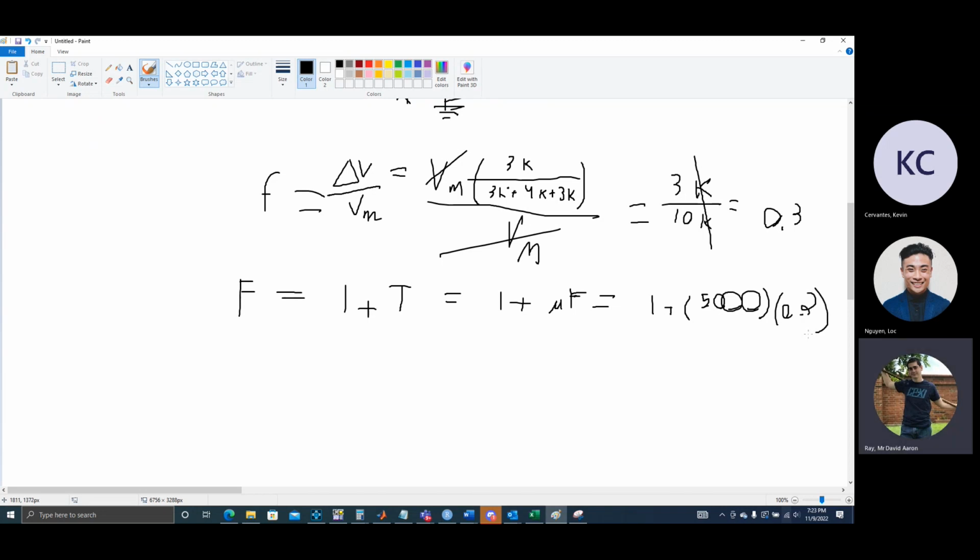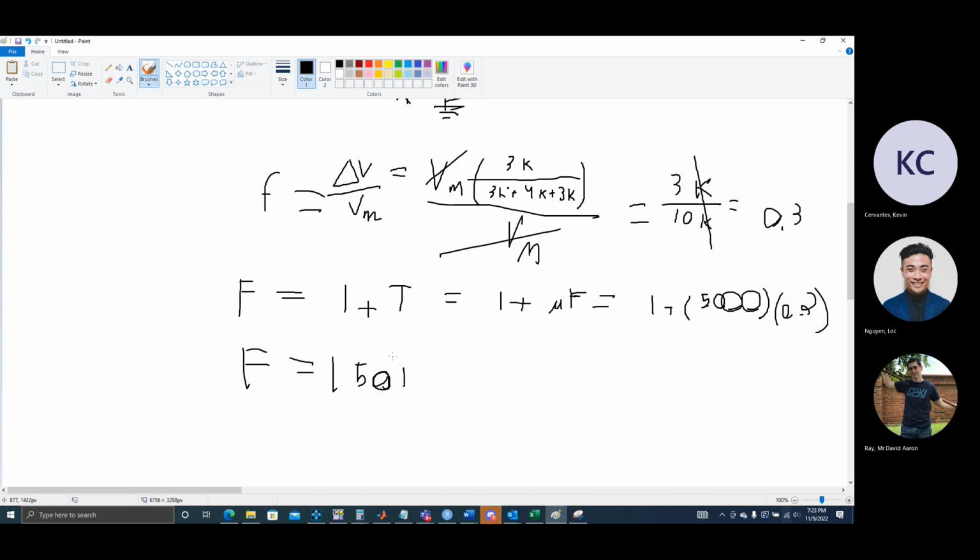And then from there, we can multiply that out, and we get 5,000 times 0.3 equals 1,500 plus 1. So your return function is going to equal 1,501.